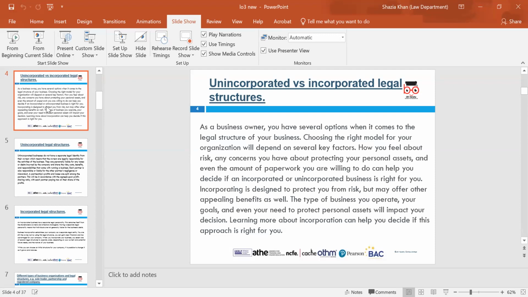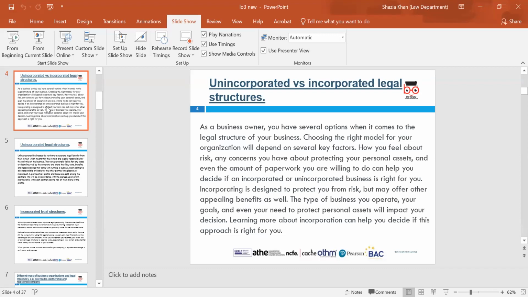So as a business owner, you have several options when it comes to legal structure of your business. Choosing the right model for your organisation will depend on several key factors. How you feel about risk, any concerns you have about protecting your personal assets, and even the amount of paperwork you are willing to do can help you decide if an incorporated or unincorporated business is right for you.